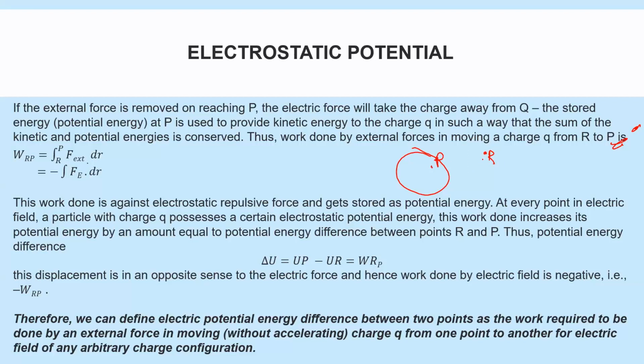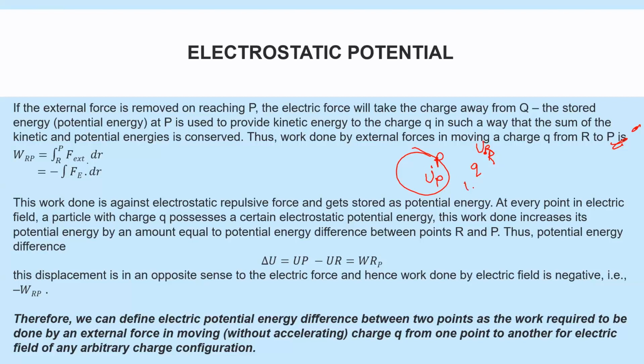The work that is being done increases the potential energy by an amount equal to the potential energy difference between the points R and P. Say the charge q had a potential energy at point R, and it gains another potential energy over here.